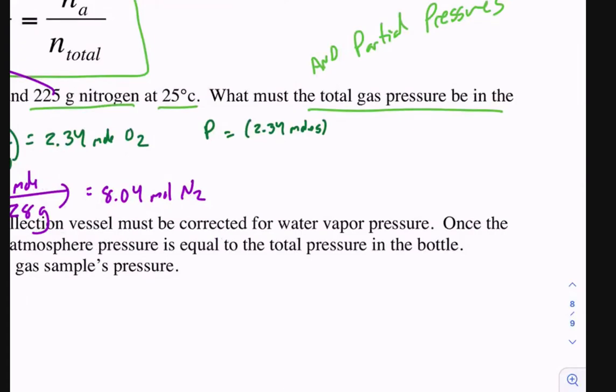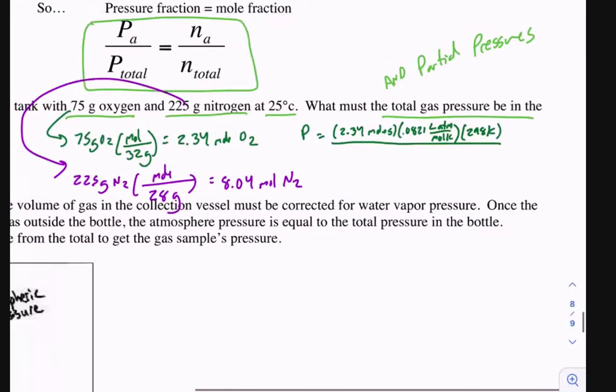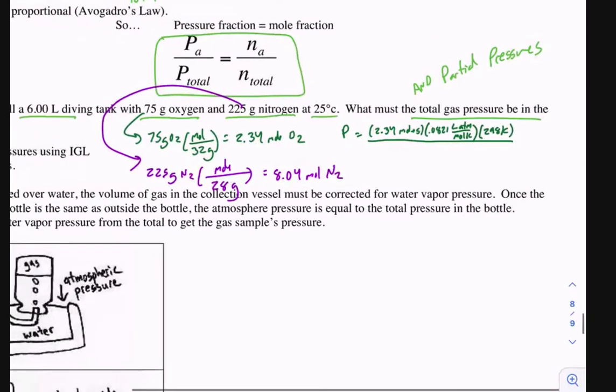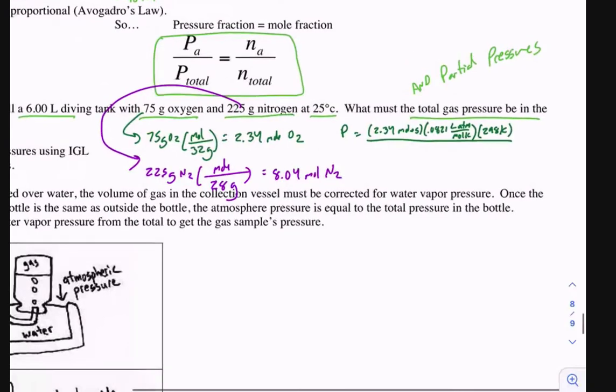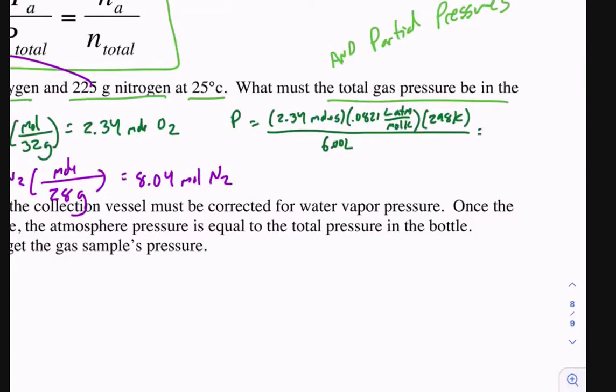R, temperature 298 K. I did not leave myself enough room. And the volume 6 liters. So the pressure from oxygen is 9.54 atmospheres.